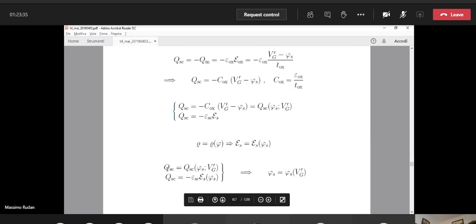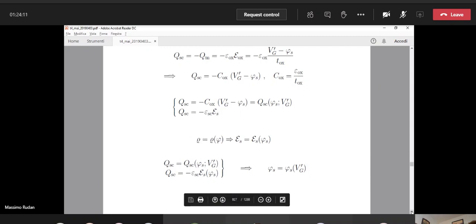By eliminating QSC, we will be able to calculate the surface potential for a given applied voltage. So we have solved the structure, because after we find the surface potential, we can go back and reconstruct QSC, the charges, whatever. The issue now is solving the Poisson equation in the semiconductor.